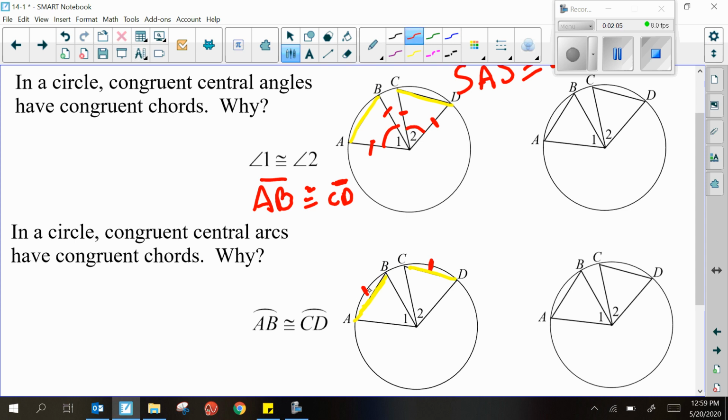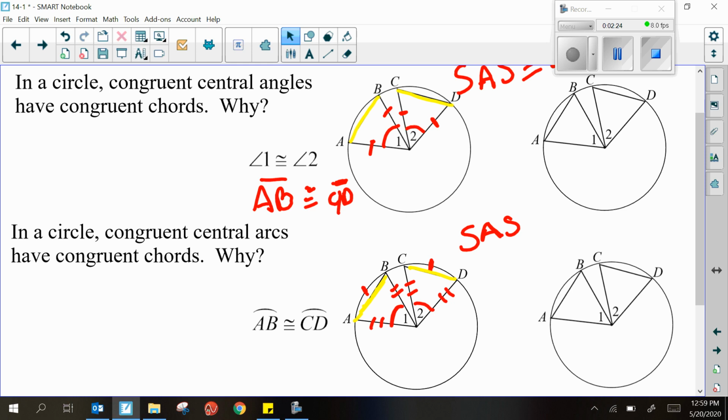Since the arcs are congruent, we know that angle 1 and angle 2 must be congruent, and then we know that all these radii are congruent. So again, by side angle side congruency, we have congruent triangles, therefore proving once again that chord AB is congruent to chord CD. So we have that again.